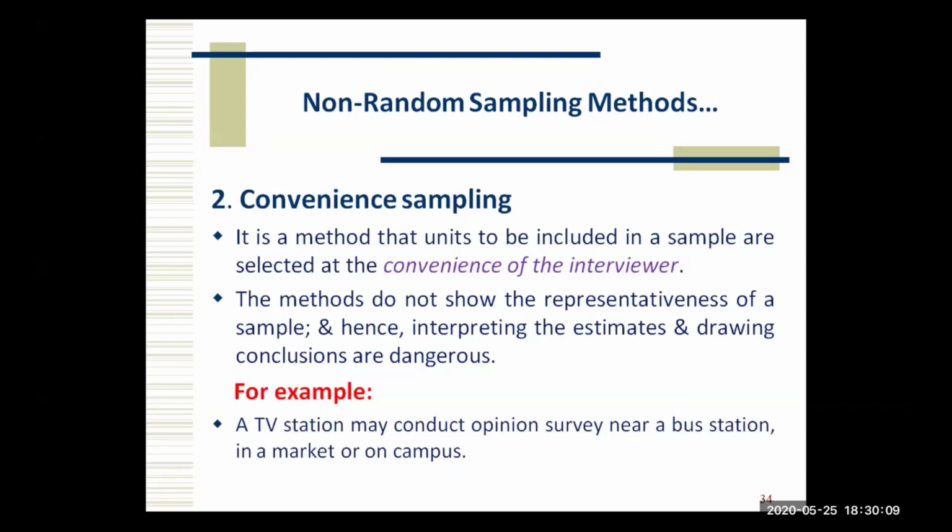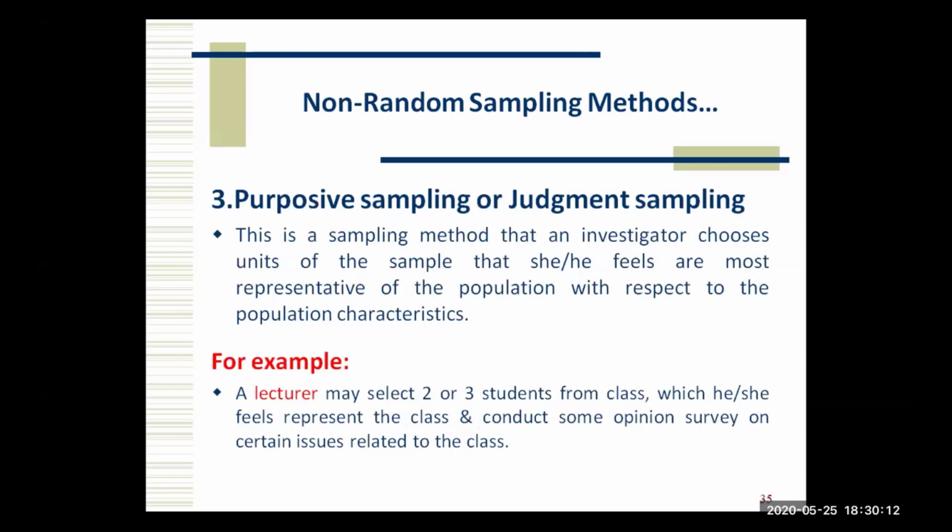Another non-probability method is purposive sampling, also called judgmental sampling. In some cases, upon strong justification, the researchers select the sample from the population. For instance, a lecturer may select 2 or 3 students from a class to conduct a specific opinion survey.